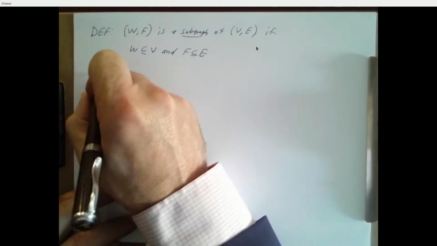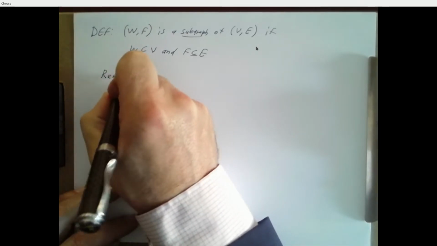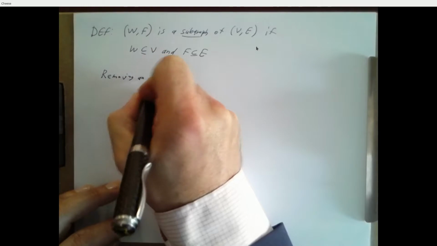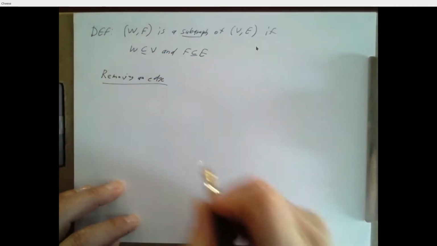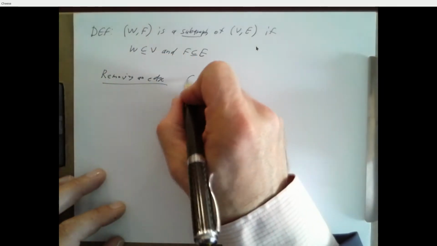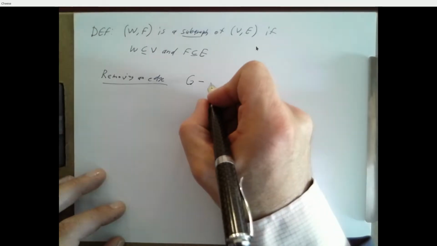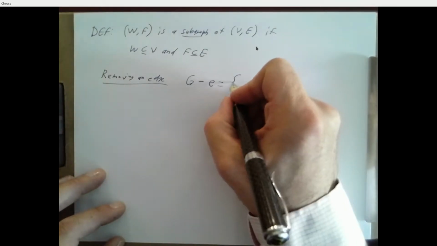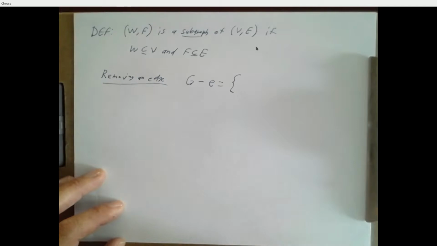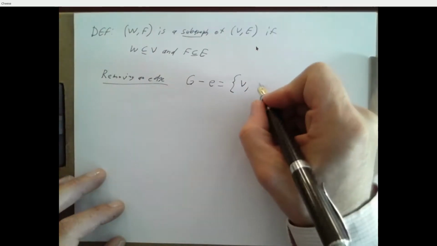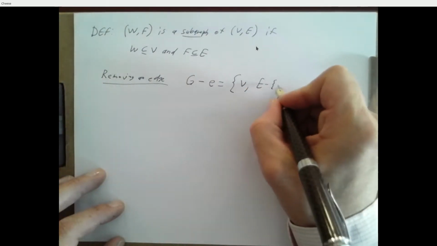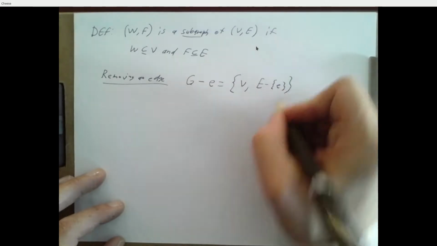We have a notion of removing an edge. So if we have a graph G and we subtract some edge E, that gives us a new graph with the same set of vertices and just the set of edges.